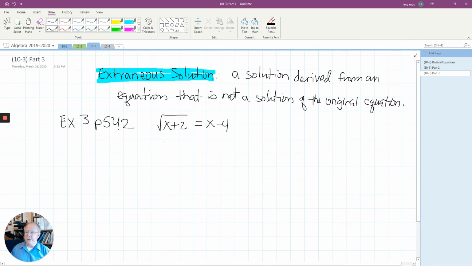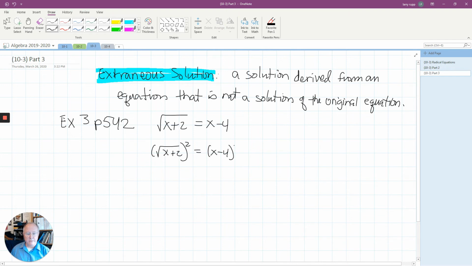Well, what are we supposed to do about this? We have to square both sides. We can't move the x or the 4 over to this side with the radical sign because we need the radical expression all by itself. So we have to square things as they are. So we have the square root of x plus 2, quantity squared, is equal to, well, now that we have this, we have to square this as a term.